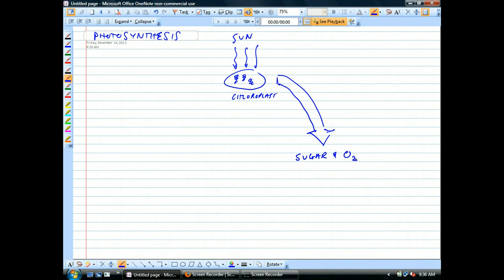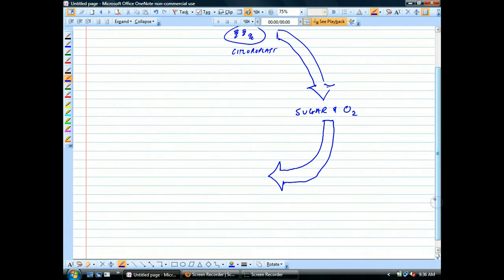So it's a good thing for us that there's chloroplasts around, because if there weren't, we wouldn't have much to breathe. So that's where the oxygen comes from. The oxygen that you breathe came from chloroplasts. All right. Now after chloroplasts, it goes into those sugars and the oxygen, both of them.